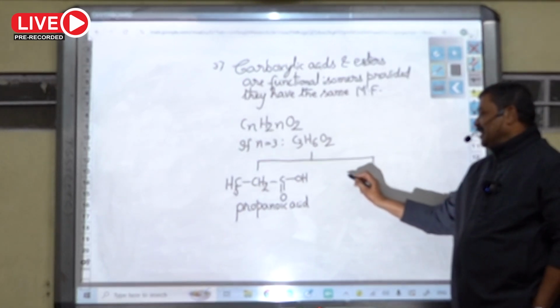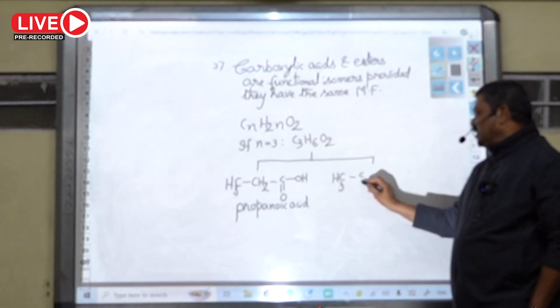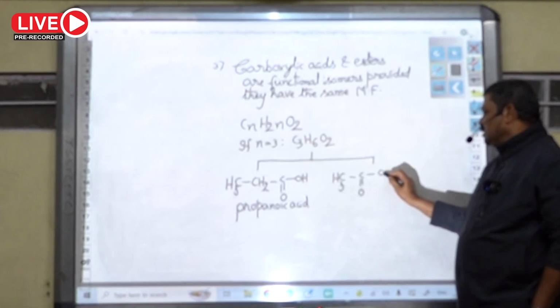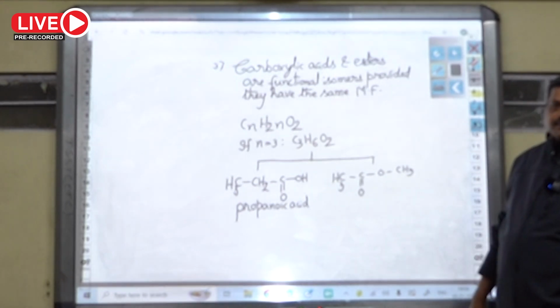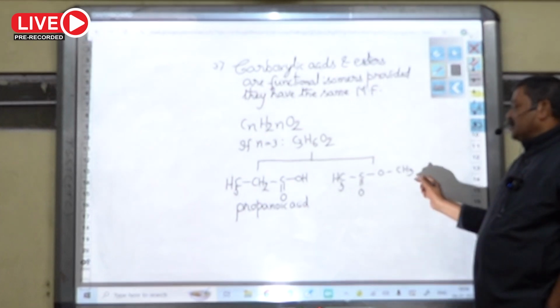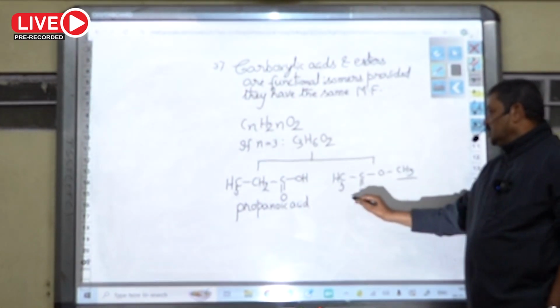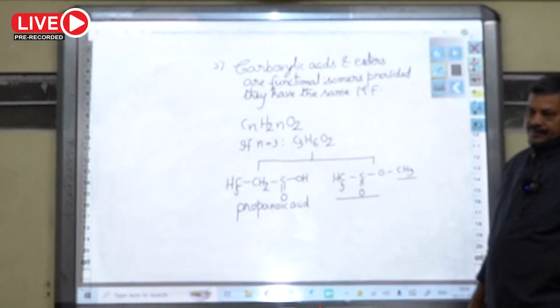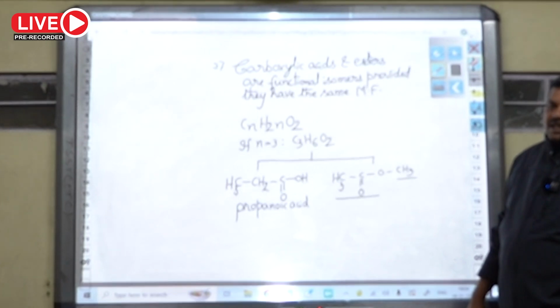So the next one, CH3COOCH3. Whenever the COO group is there, it is called an ester. Its common name is methyl acetate. This is the methyl group, this is the acetate ion. What is the common name of this ester? Methyl acetate.